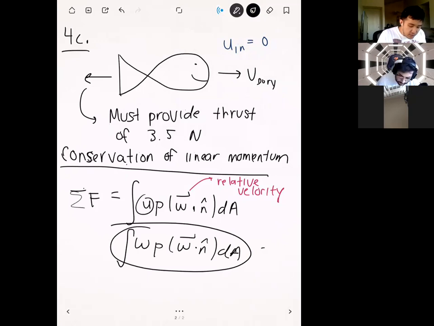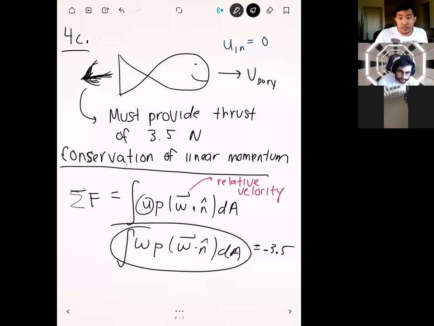But what I used was a minus of the force, and I set this equal to 3.5 newtons. Then I plugged in for w and solved for the velocity. It turns out I made a mistake in my work, because since our outlet jet is going to the left, this needs to be a negative 3.5 newtons.